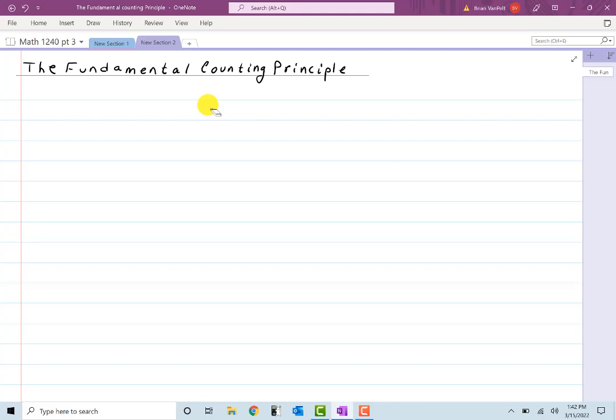Okay, in this section, we're going to learn some basic counting techniques that will help us with probability problems later. So to start, let's suppose we have a game.